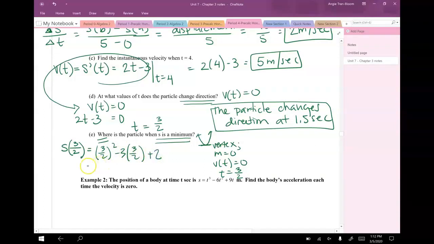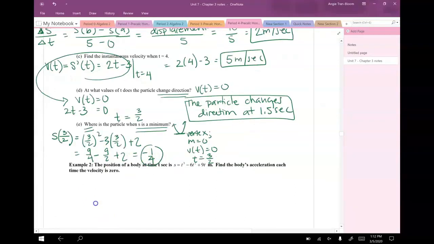So that will give me 9 over 4 minus 9 over 2 plus 2. That will give me a negative quarter. So what does that mean? I'm going to write it out for us.